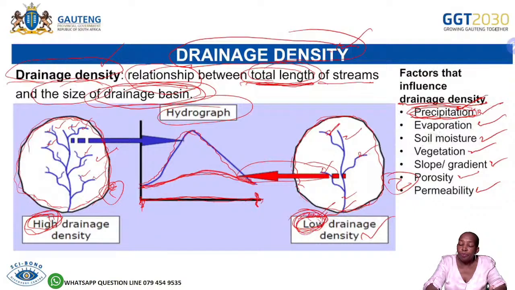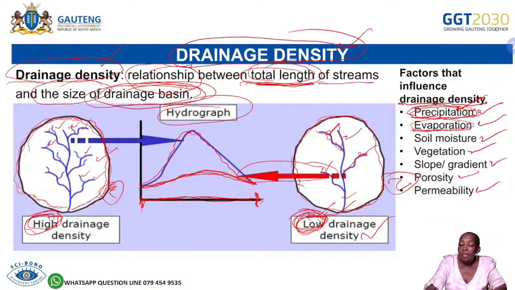Right, and then the other factor that we look at is evaporation. When we look at a drainage basin that has high levels of evaporation, it means we are going to have fewer streams flowing within the drainage basin, because this water would have evaporated in the form of water vapor.